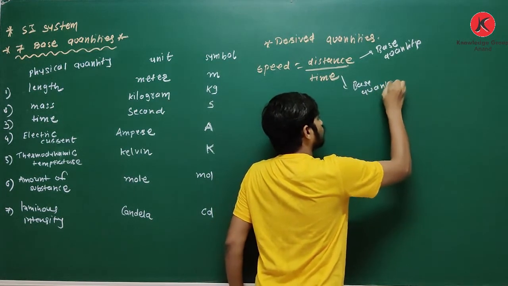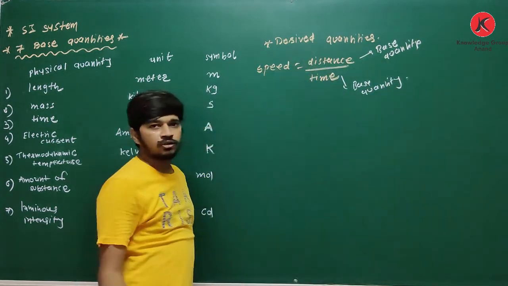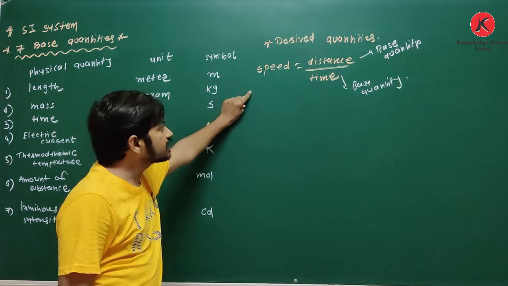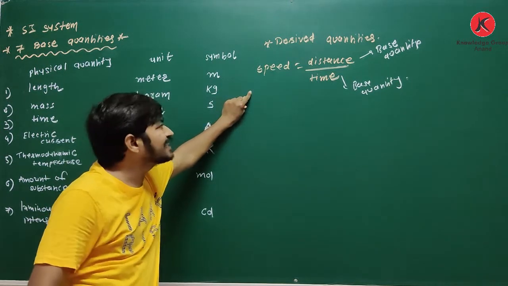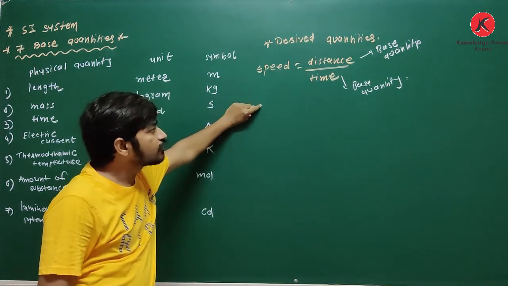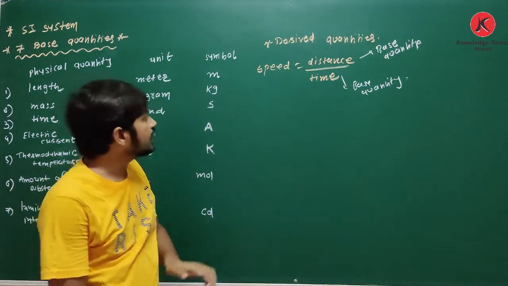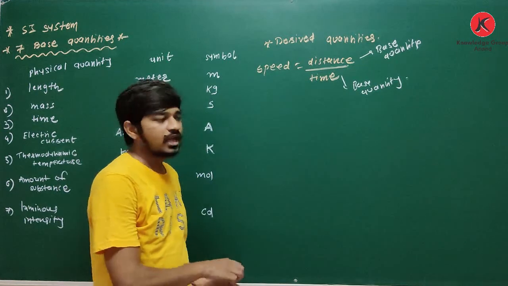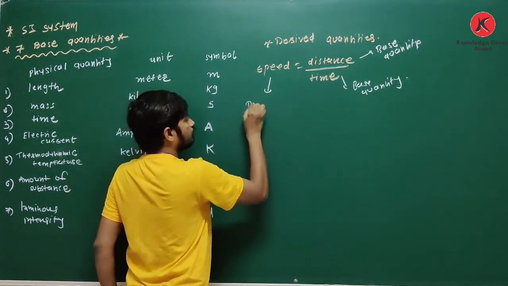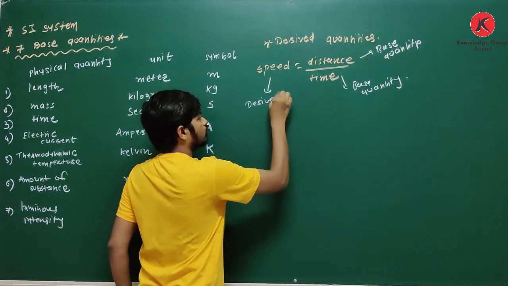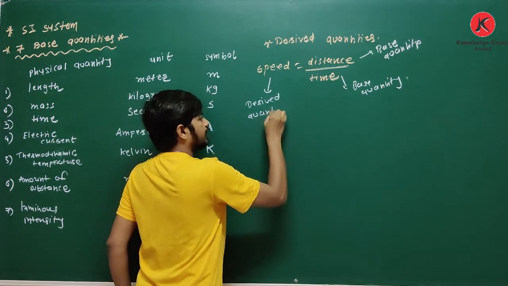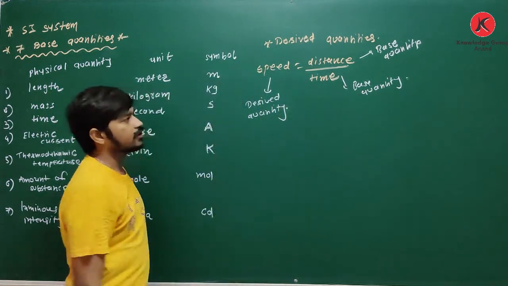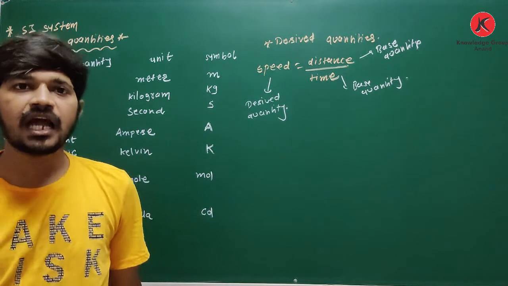So speed is equal to distance upon time, and both are base quantities. So we can say speed is a combination of 2 base quantities. That's why speed is called a derived quantity. Clear about this?